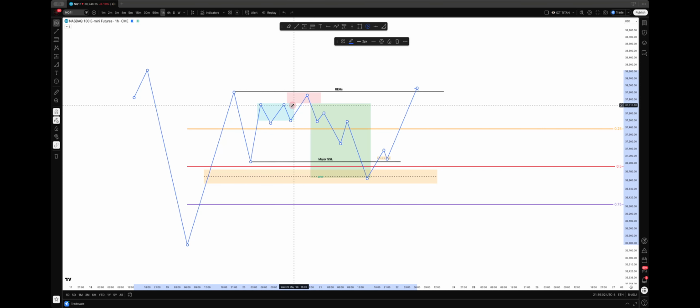So now, AMD. While doing D, that means distribution, it took this low. And by taking this low, that means sell side has been raided, stops have been raided, hunted, and it also dropped to the discount. And there is a BPR, balanced price range.